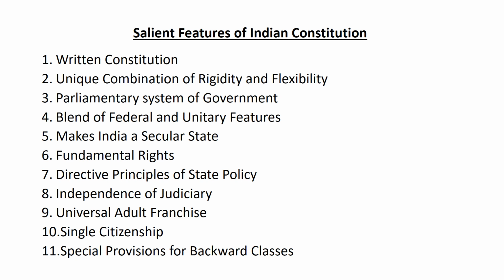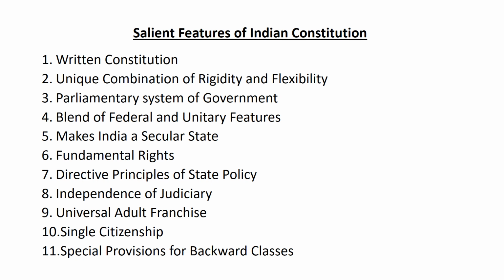First, emergency caused by war, external aggression or armed rebellion, that is Article 352. Emergency arising out of the failure of constitutional machinery in states, that is Articles 356 and 365. Financial emergency, Article 360. The rationale behind the incorporation of these provisions is to safeguard the sovereignty, unity, integrity and security of the country, the democratic political system and the Constitution.